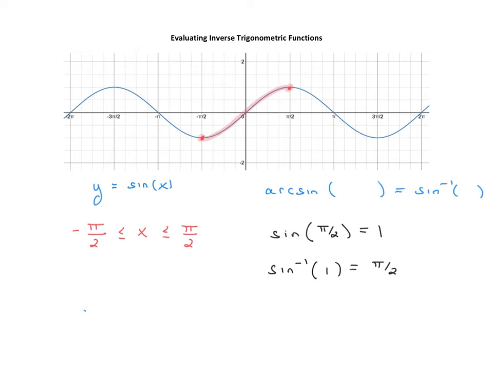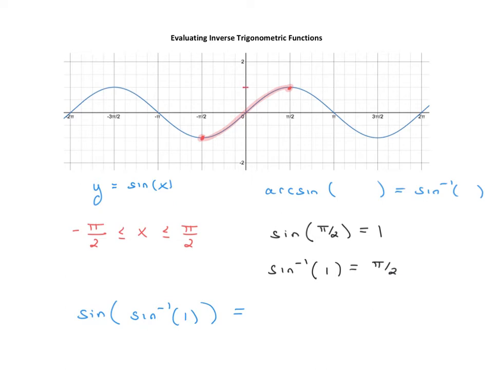But what is sine of sine inverse of 1? What does this mean? How would I evaluate this type of expression where I'm using compositions with inverse trigonometric functions? The way I think about this is I start with this value 1 here. I'm going to locate that thing on the axis.